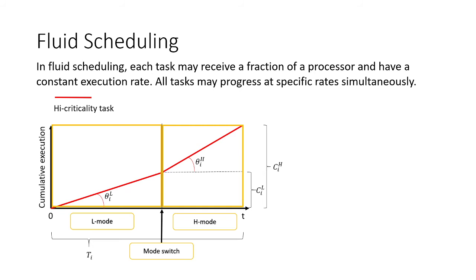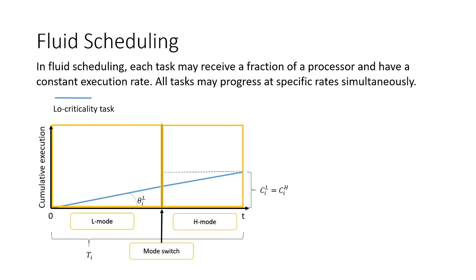In high mode, high criticality tasks require an even larger speed after the mode switch. By contrast, low criticality tasks have only one constant execution speed in both low mode and high mode. We use a blue line to indicate it.